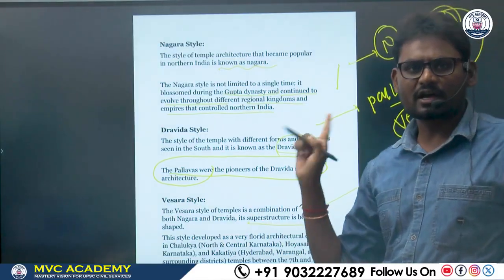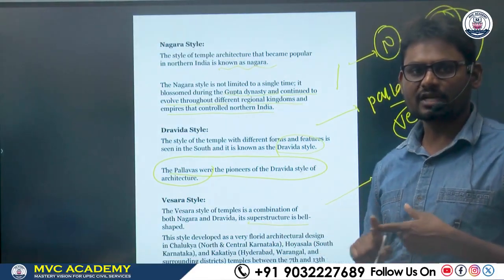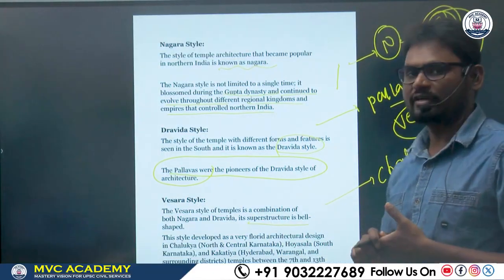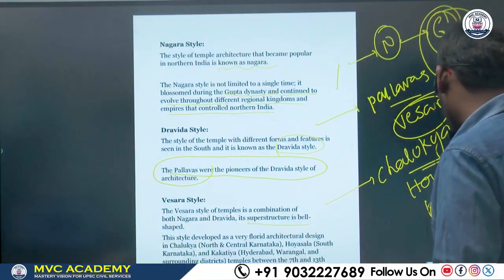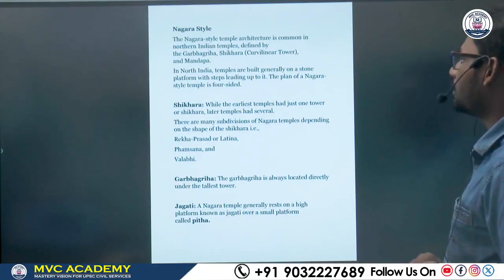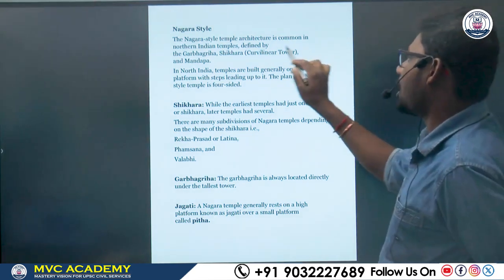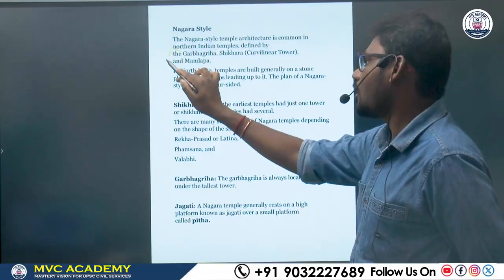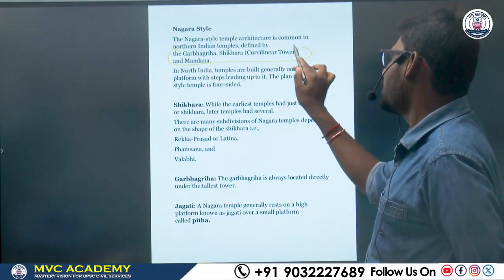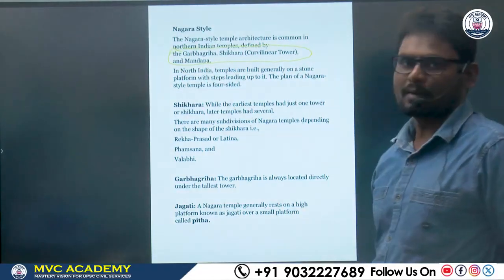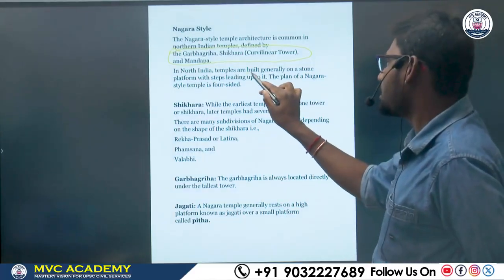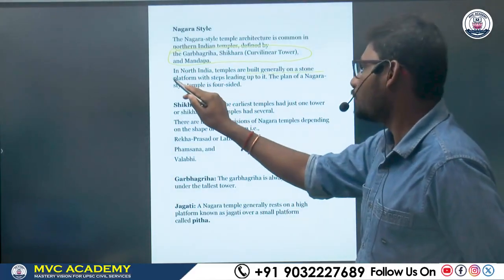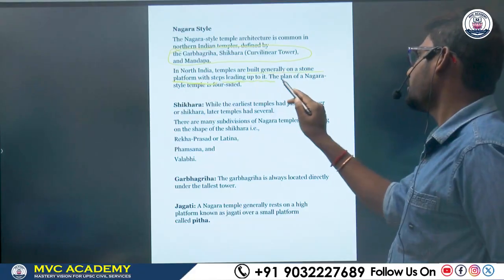Okay, northern India has Nagara style, southern India has Dravidian style, and central India has Vesara style. Next, Nagara style architecture is common in northern Indian temples, defined by the components Garbhagruha, Shikara and Mandapa. In northern India, temples are built generally on a stone platform with steps leading up to it.